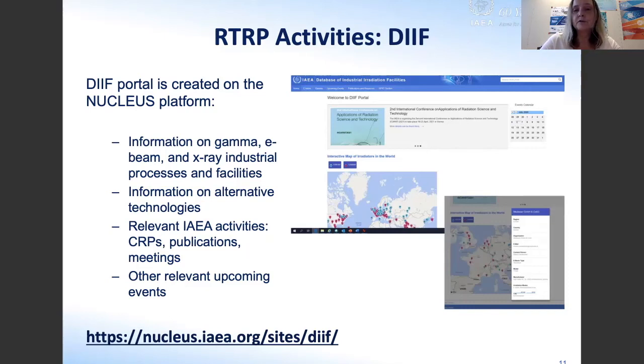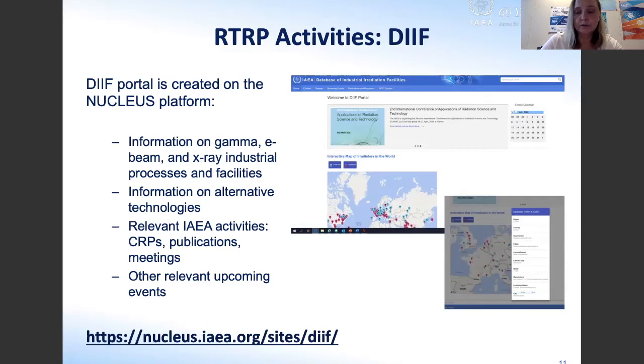There is also some information on alternative technologies in this profile, and there are a lot of relevant activities such as coordinated research projects, publications, meetings, some information on upcoming events, conferences, schools, training, and so on and so forth. For example, as I mentioned earlier, all the numbers in the tables come from the meeting which was conducted in 2019.